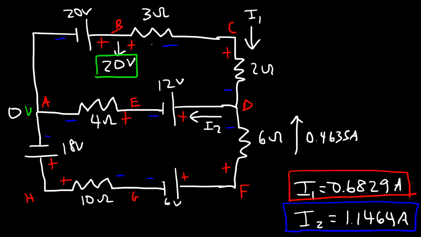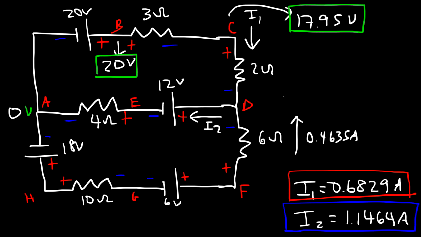So as we go from B to C, this is going to be a voltage drop of 3 times I1. So that's going to be 3 times 0.6829, which is 2.0487. So 20 minus that number, that's going to give us a potential at C, which is 17.95 volts.